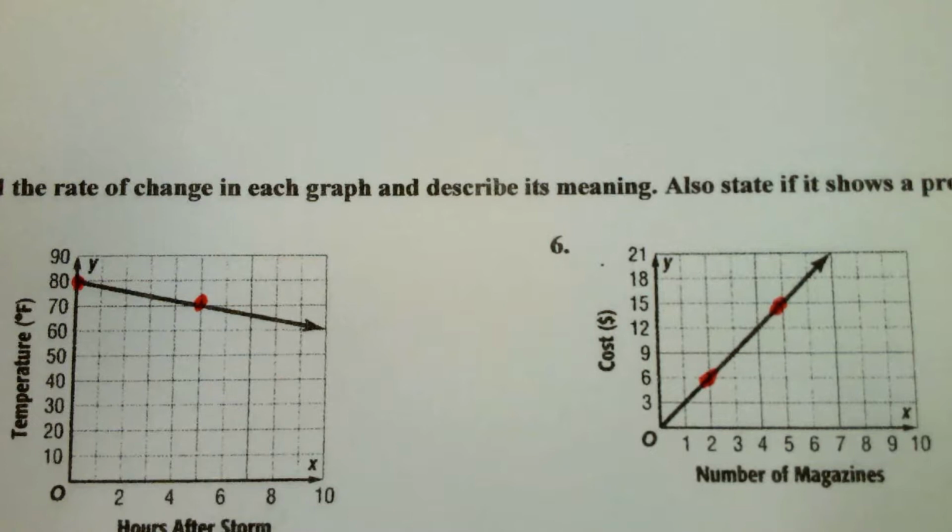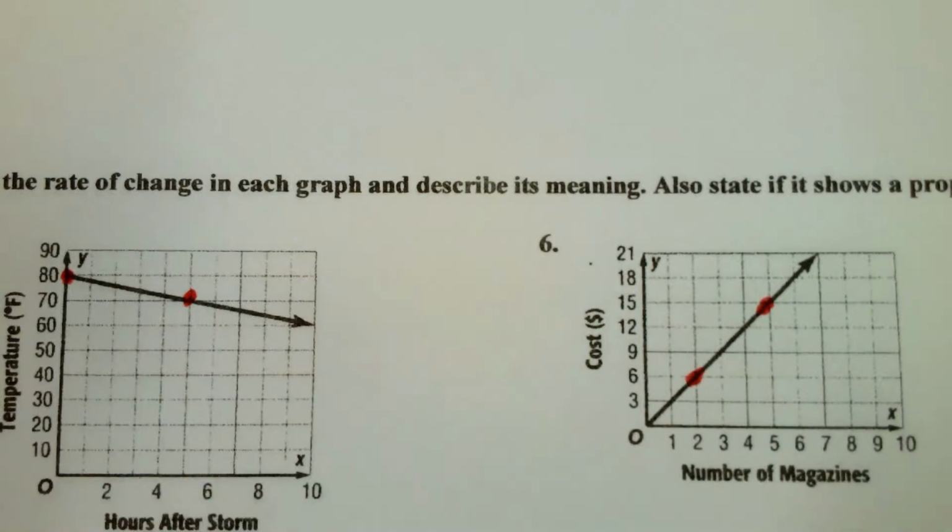And then you're going to do the same thing we did on the back page with the graphs. You're going to describe the meaning of the constant rate of change by looking at the units and then saying, is it a proportional relationship or not? One is and one isn't, obviously.